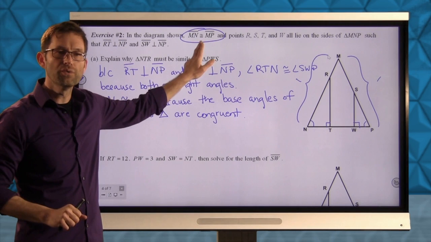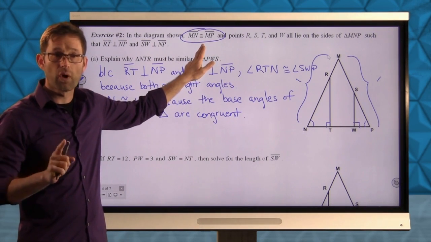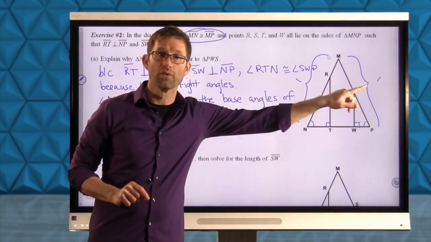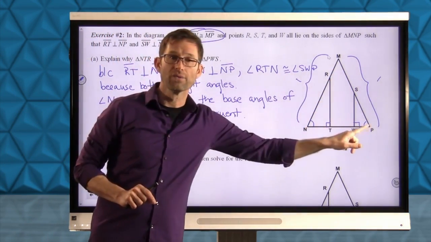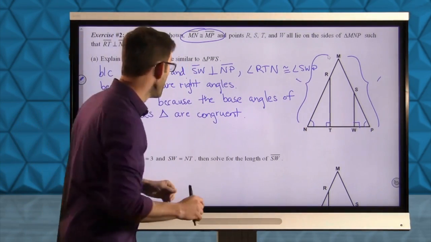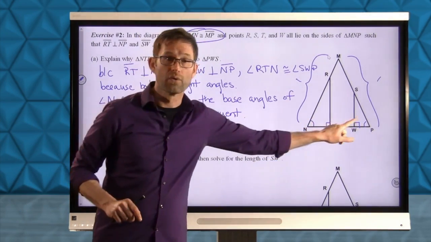Anytime you're told that two sides are congruent, if they're two sides of a triangle, then the angles opposite those sides, so this side is congruent to that one, and therefore the angles, those base angles of an isosceles triangle, are congruent. But that's it. Angle congruent to angle, angle congruent to angle.